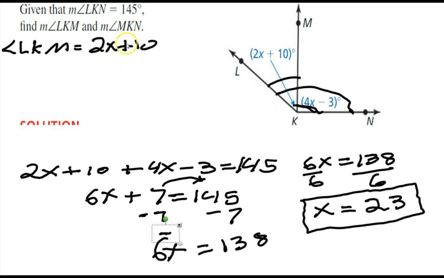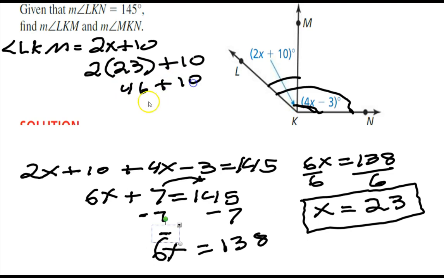We're going to take the 23 and plug it in for x. So 2 times 23 plus 10. That's 46 plus 10, 56. So that's 56 degrees from here to here.